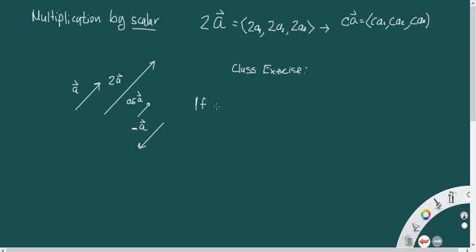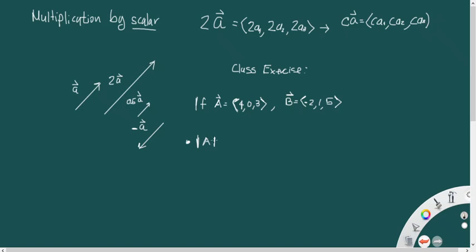We have vector A. Let's say the components for this vector A are 4, 0, 3, and vector B, this is minus 2, 1, 5.